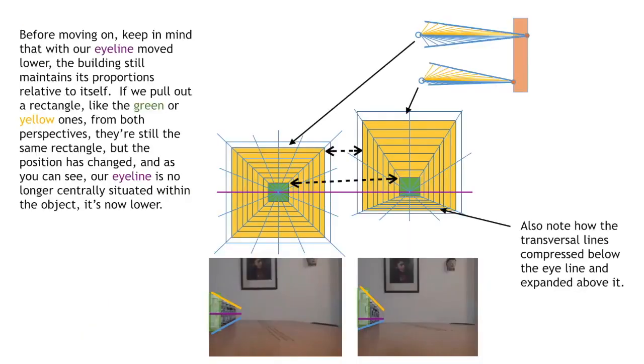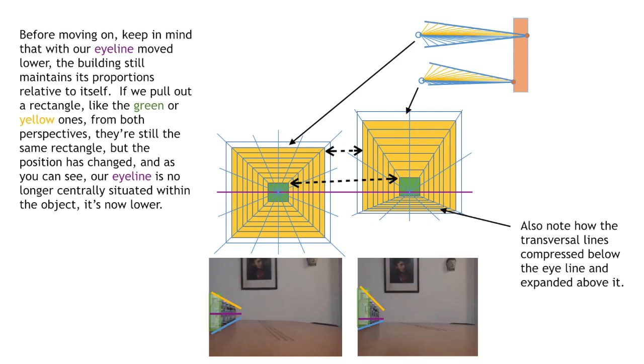So before moving on, let's keep in mind that with our eye line moved lower, the building still maintains its proportions relative to itself. This is an important part before we move on. If we pull out a rectangle like the green or the yellow ones, let's say, so instead of the orange and blue pair, we now just pull out one yellow rectangle and one green rectangle far away.